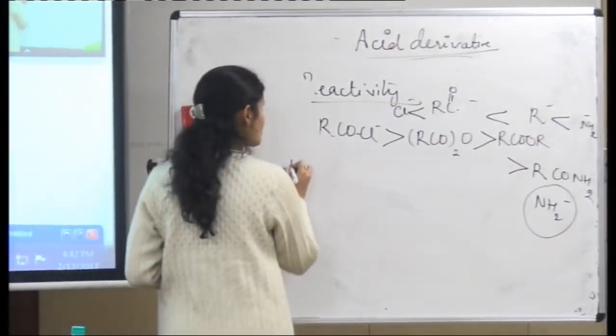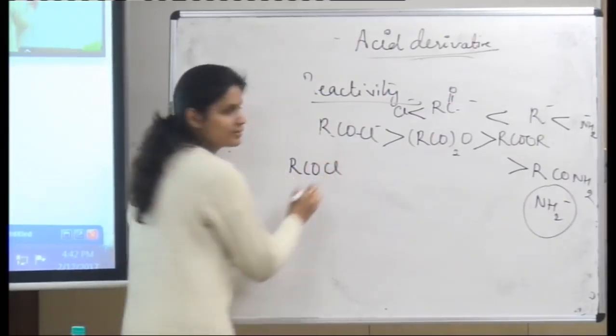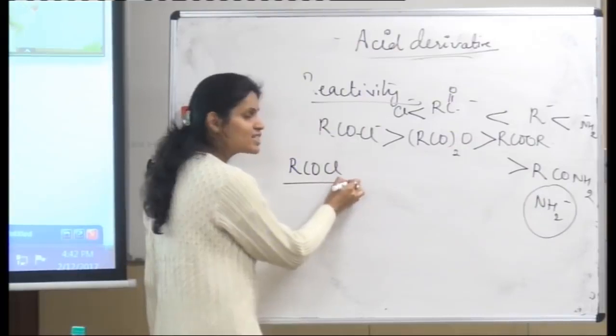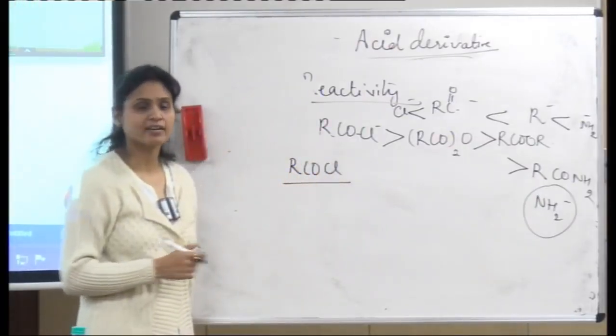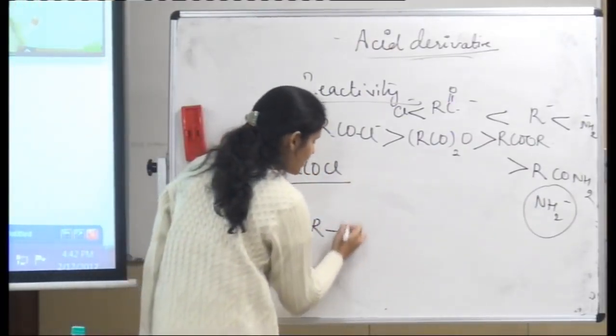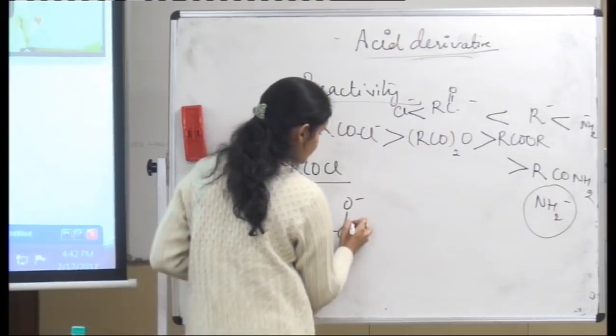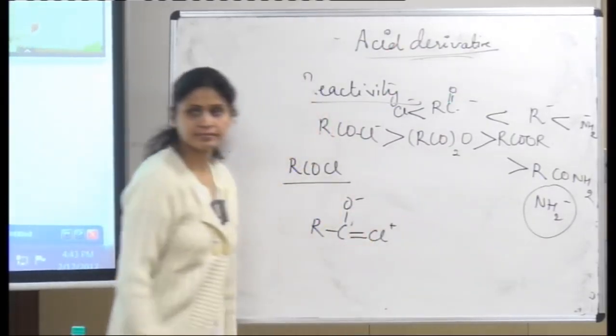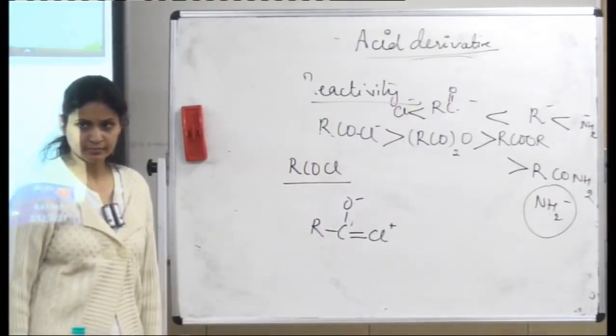In case of RCOCl, right, the resonating structure is more stable. Why? Because I can draw this as RCO minus and this Cl plus, right?